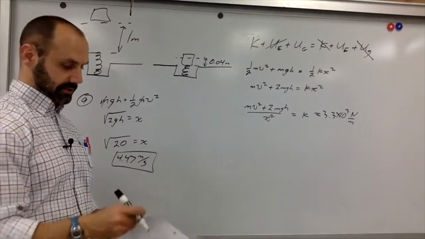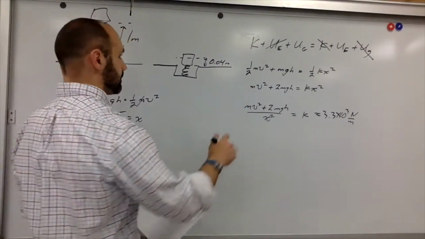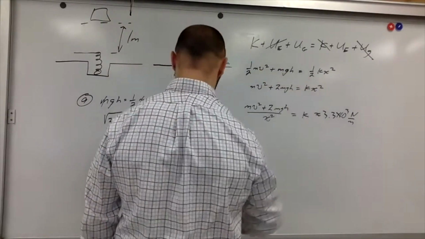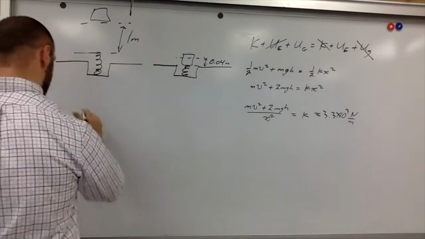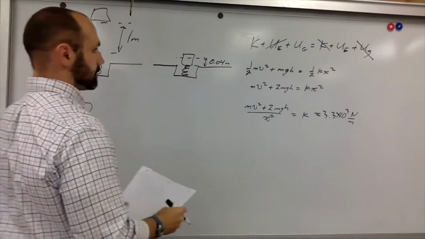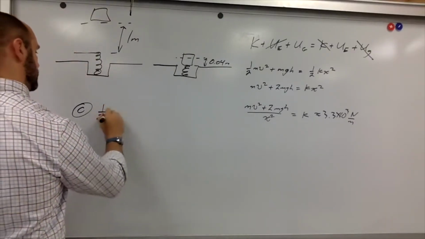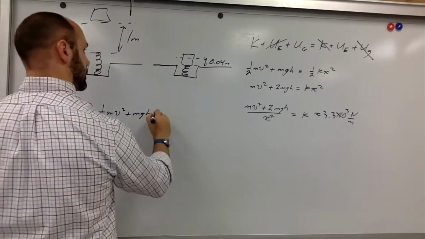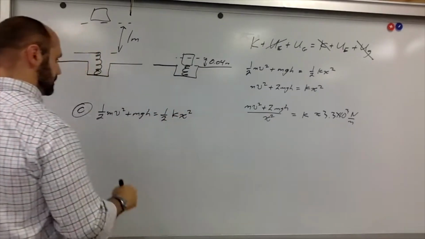Okay, now if the speed at impact were to double, what would be the maximum compression in the spring? So same spring, everything's the same, except we're going to double what V is. So if we double V, now we want to know what is the new X. So let's do C over here. Right. So for C we've got 1/2 mv squared plus mgh equals 1/2 kx squared.